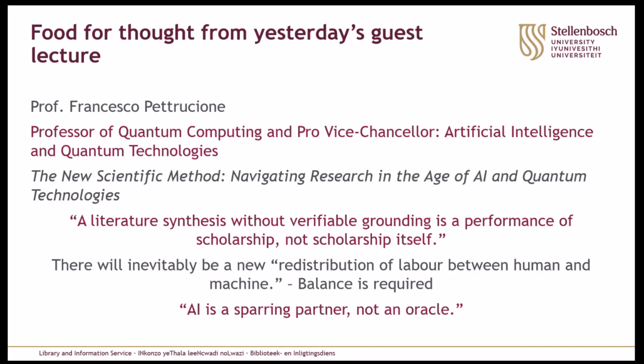The first one: a literature synthesis without verifiable grounding is a performance of scholarship, not scholarship itself. He also touched on the fact that there will inevitably be a new redistribution of labor between human and machine, and that balance is required as a result. And lastly, and this one I found very important, and this is something I do want to emphasize for today as well: AI is a sparring partner. It's not an oracle.